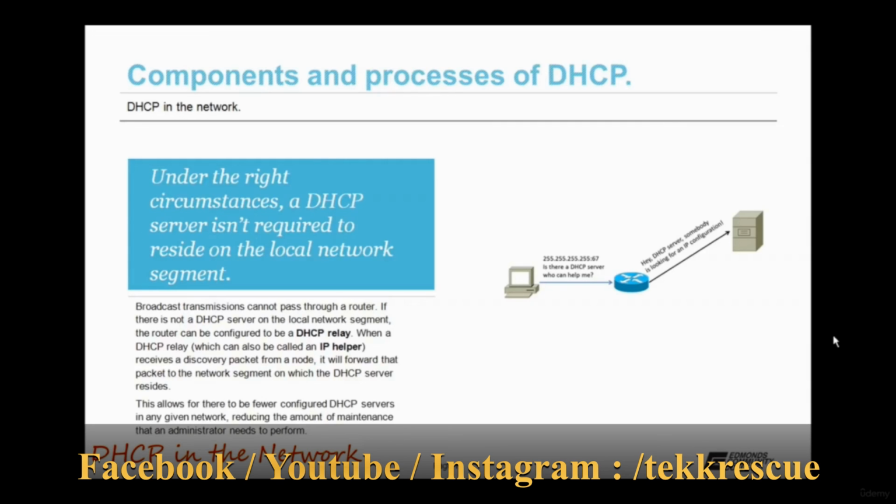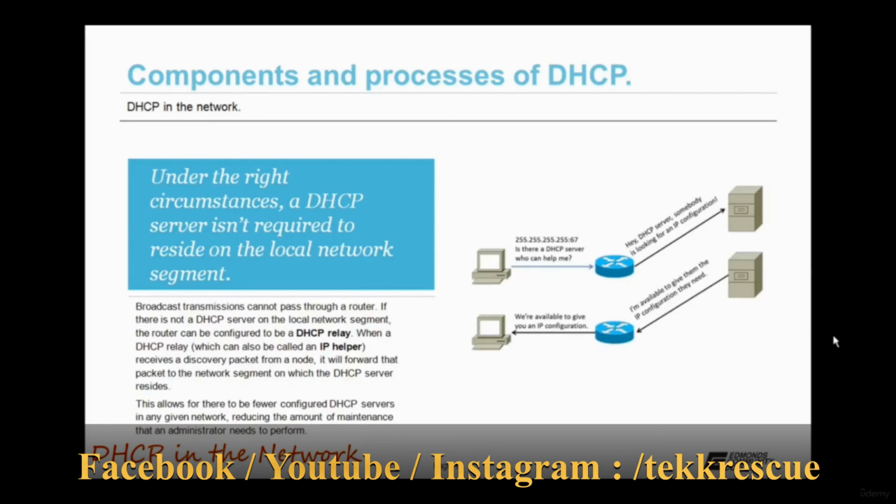When a DHCP relay, also called an IP helper, receives a discovery packet from a node, it will forward that packet to the network segment on which the DHCP server resides. This allows for there to be fewer configured DHCP servers in any given network, reducing the amount of maintenance that an administrator needs to perform.